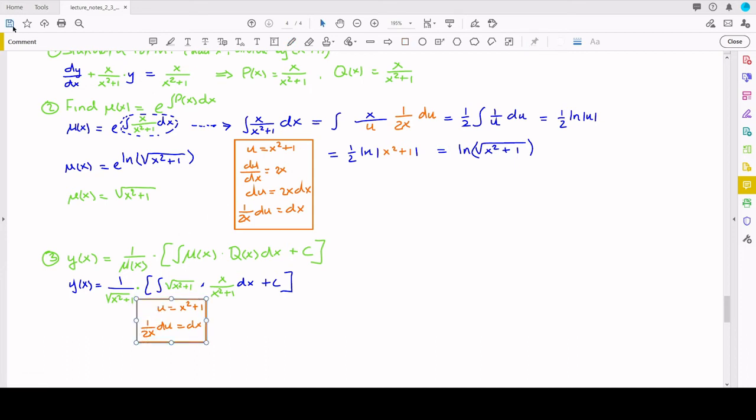So if we use that substitution, then our integral looks as follows. Square root of u times x over u, and then the dx is going to be replaced by 1 over 2x du.